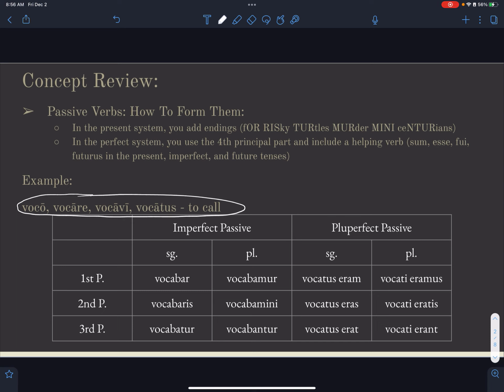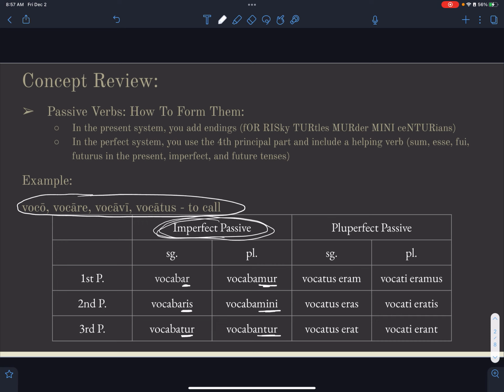Now in the imperfect passive, so imperfect tense, passive voice, remember, it's in the present system, so we're just adding those endings: -r, -ris, -tur, -mur, -mini, -ntur. And you can see we have that here. So in terms of translation, we can go through those.